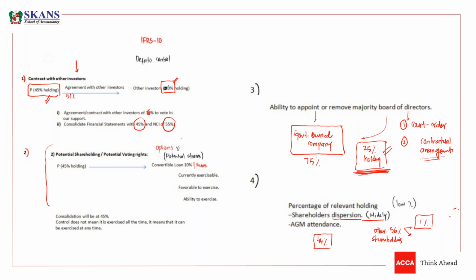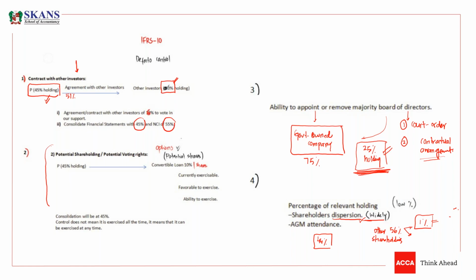Listen carefully. Someone can think that nowadays AGMs can happen remotely, but if they are widely dispersed and have very little holding, some investors would not be interested to vote.